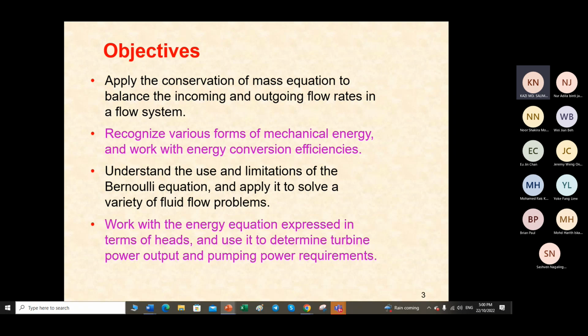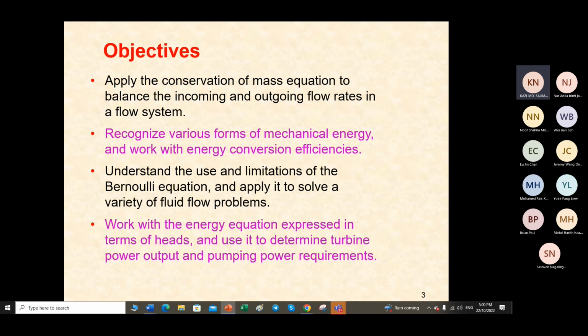So all this information we need to have here for our future use, and to work with the energy equation expressed in terms of head and use it to determine the turbine power output and pump power requirement, from this simple previous knowledge.